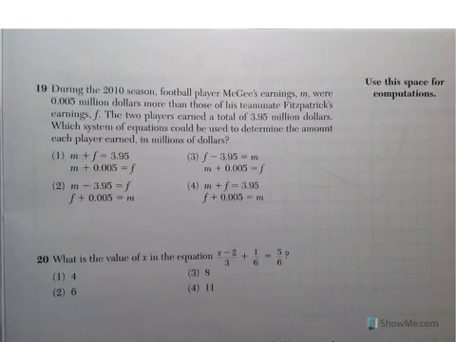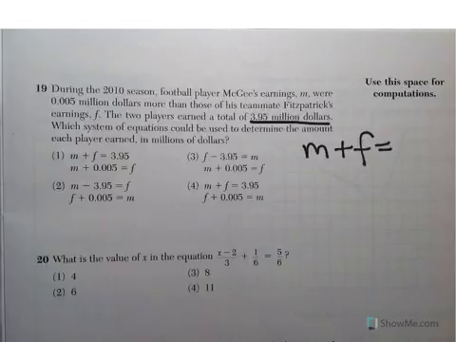Number 19. During the 2010 season, football player McGee's earnings, M, were $0.005 million more than those of his teammate Fitzpatrick's earnings, F. The two players earned a total of $3.95 million. Which system of equations could be used to determine the amount each player earned in millions of dollars? Well, if it says that the two players earned a total of $3.95 million, that means I'm going to take M, which is McGee's earnings, and add it to F, Fitzpatrick's earnings, and it equals a total of $3.95 million.